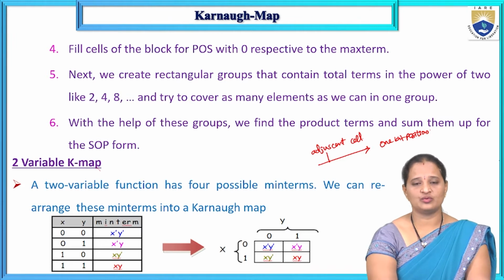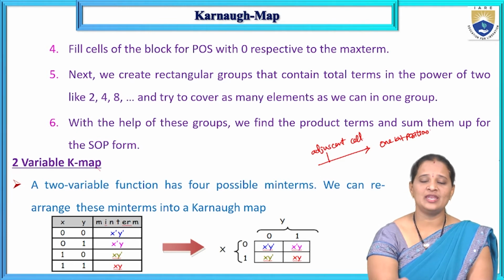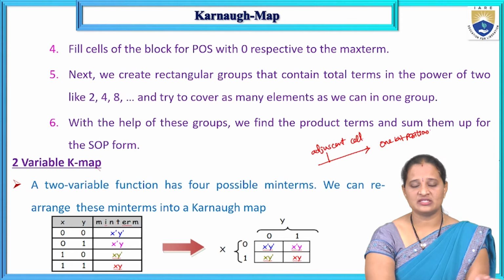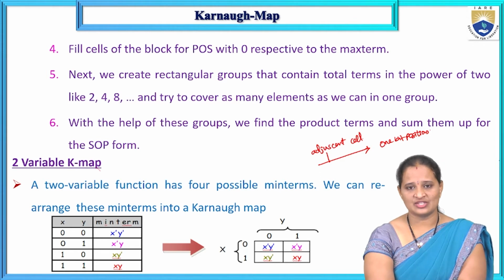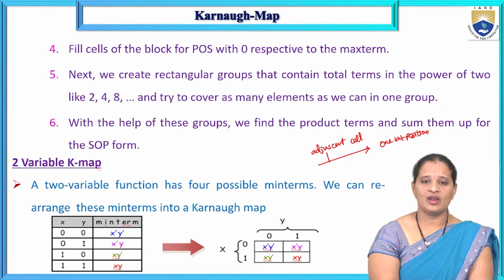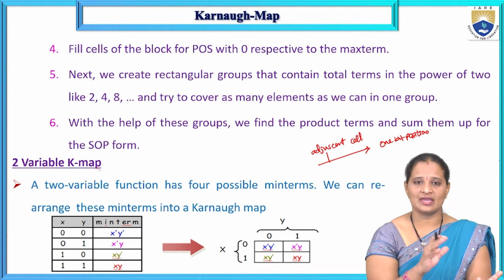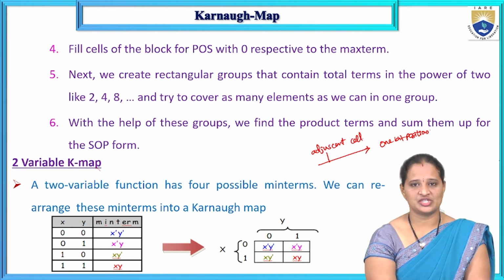And we need to check that all the min terms or max terms are covered by the minimum number of groups. That means the grouping should be done such that with the minimum number of groups, I can cover all the min terms present in the k-map so that I can get the minimized expression.